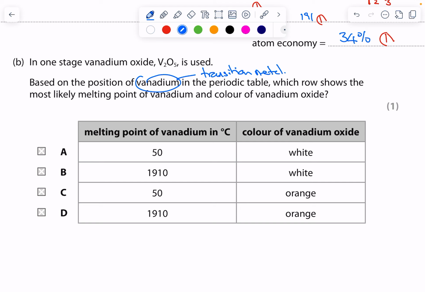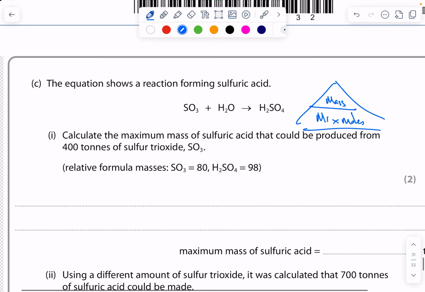The melting point for A is 50, so it's not going to be A, and the melting point for C is 50, so it's not going to be C. B has a high melting point, which is fine, but it's a white coloured compound, so it's not going to be that. D is a high melting point and it's orange, so it's coloured. So option D is going to be the correct answer.